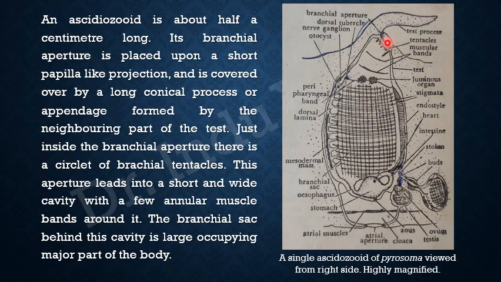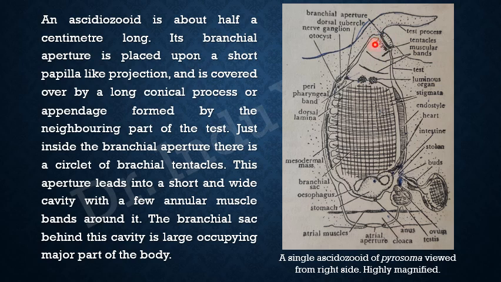And this branchial aperture, on the inner side, has tentacles, which are known as the branchial tentacles, and these tentacles filter whatever is entering into the branchial aperture and coming inside the body.